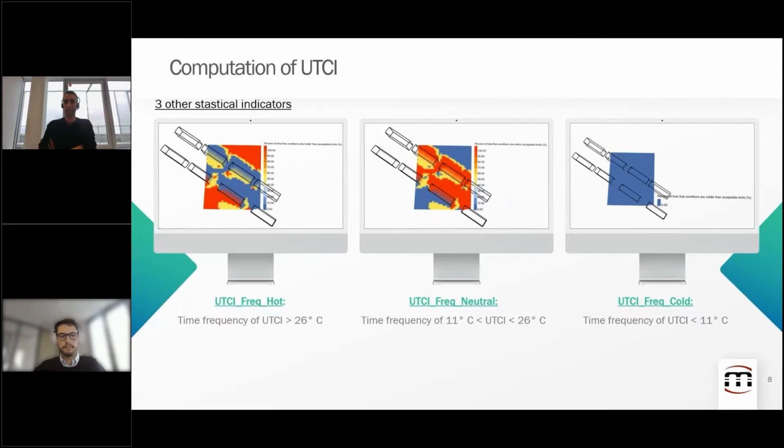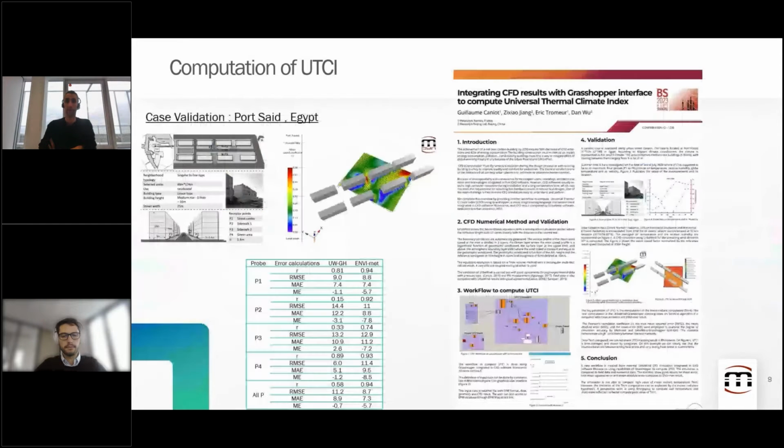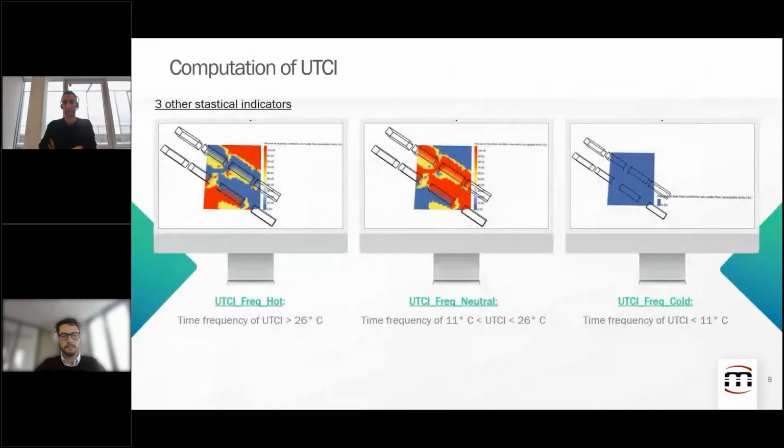The main assumption of this computation is that you are working with concrete, since you want to evaluate the worst scenario. And everything is done using Rhinoceros, Grasshopper. Yes, you can go on to the next slide.